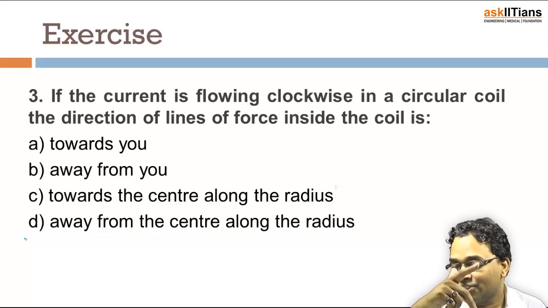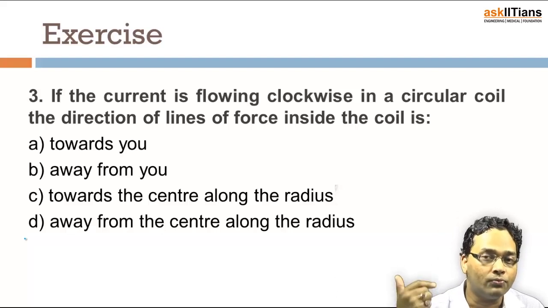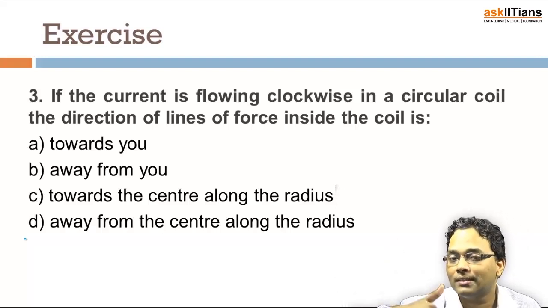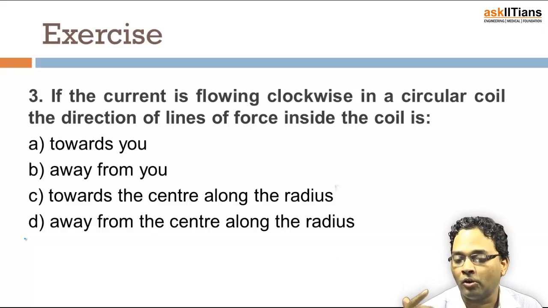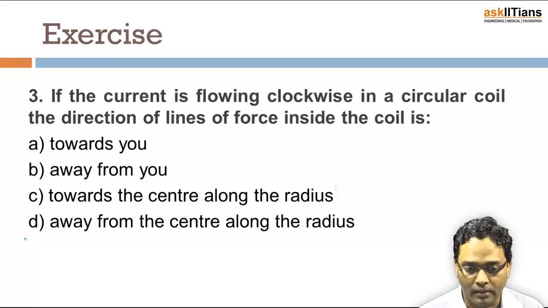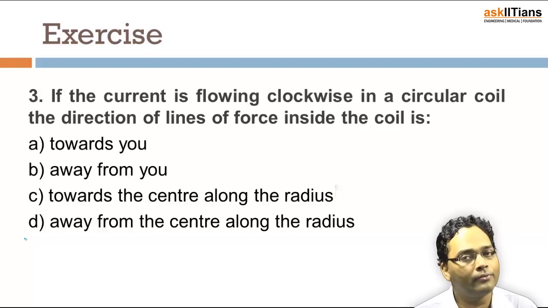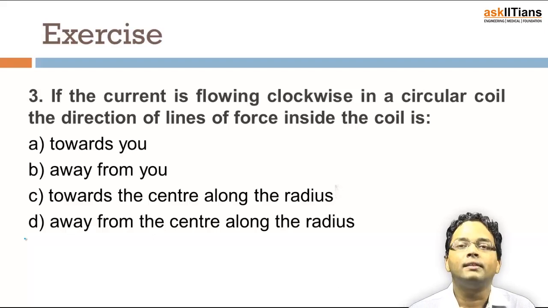The current is tangential, so what are you left with? You are always going to be left with the force, which results in towards the center. The charged particle is going to be moving towards the center, which is responsible for the centripetal path, and therefore the direction of force lines are going to be acting towards the center. This is very simple, you don't have to actually work it out, you can just visualize it. Hopefully you understood till this point.